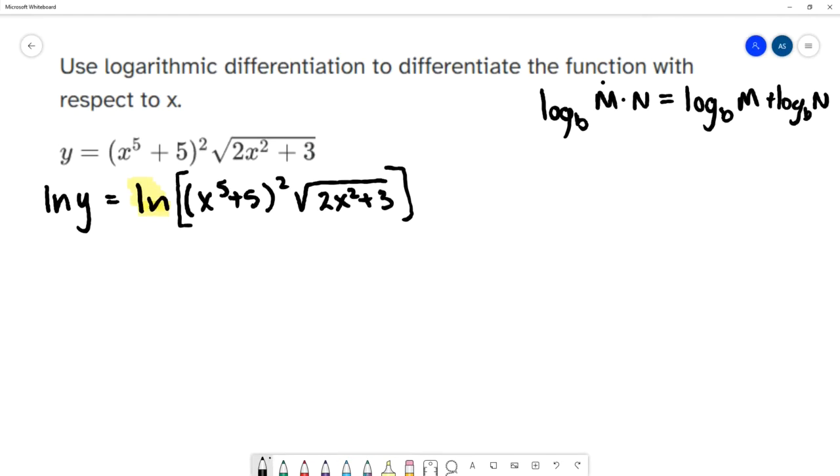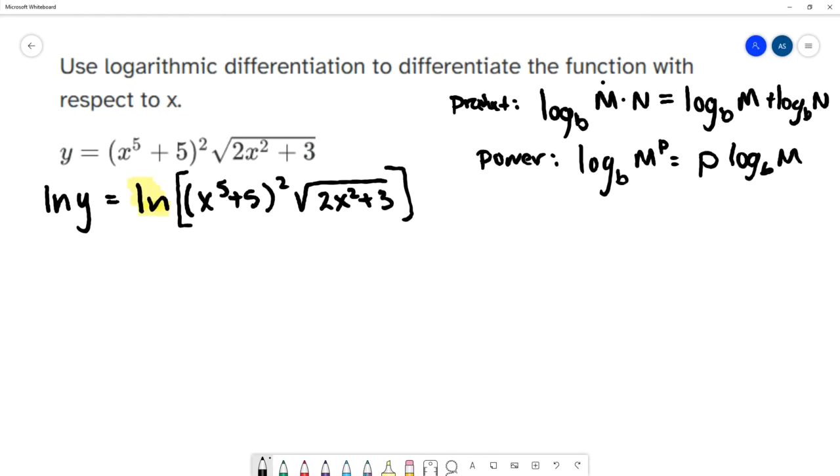So this is the product rule. And then we have the power rule, and the power rule allows us to write log base b of m to a power as that power times log base b of m.